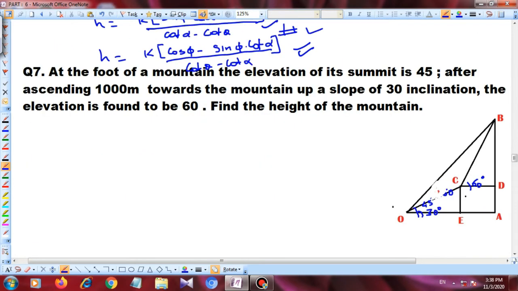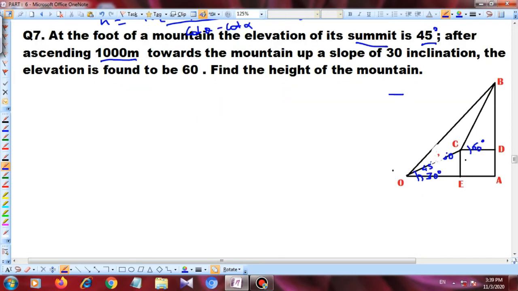Now our next question is: at the foot of a mountain, the elevation of its summit, means peak, is 45 degrees, right? After ascending 1000 meters towards the mountain up a slope of 30 degrees, the angle of elevation becomes 60 degrees. Then find the height of the mountain.